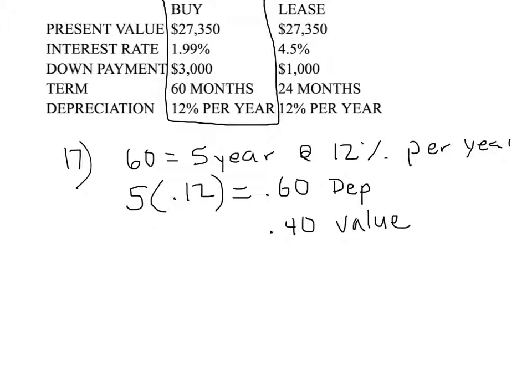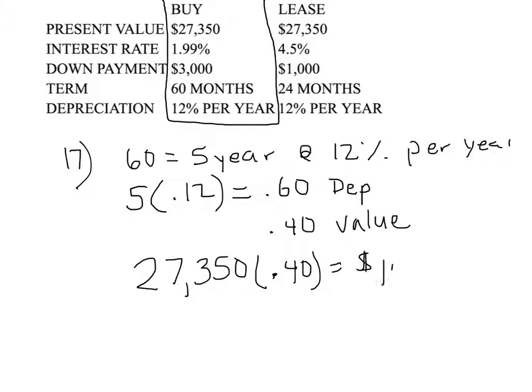And so if we have a 40% value of the original cost of the vehicle, we'll have to take the original cost of the vehicle, which was $27,350, and multiply it times the remaining value, which is 0.40, and that will give me $10,940, and that is what we have. That $10,940 is what my car will be worth after I have paid it off and I have 100% equity.